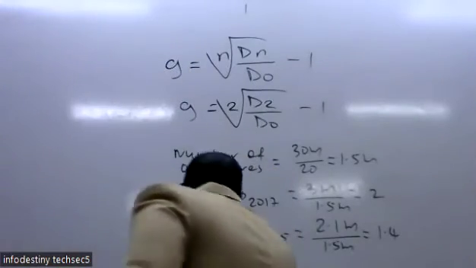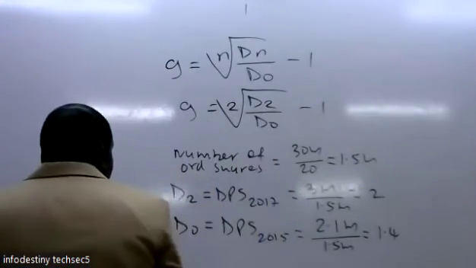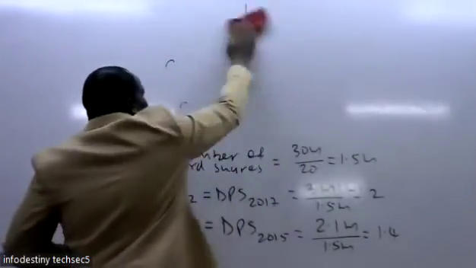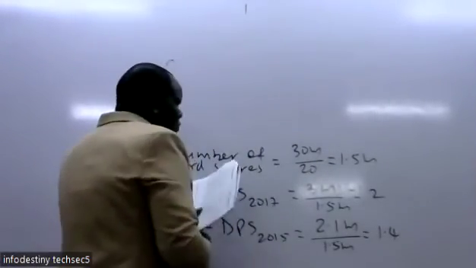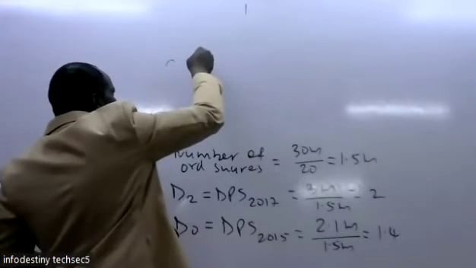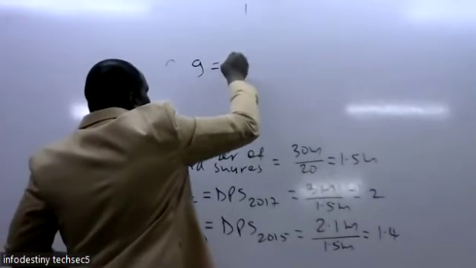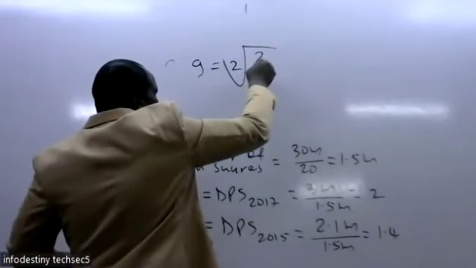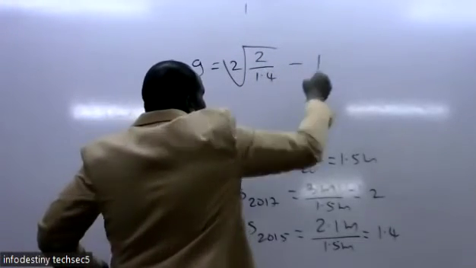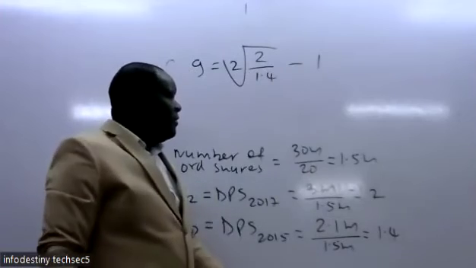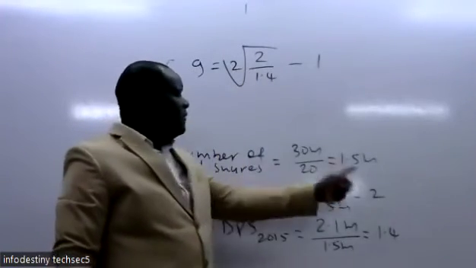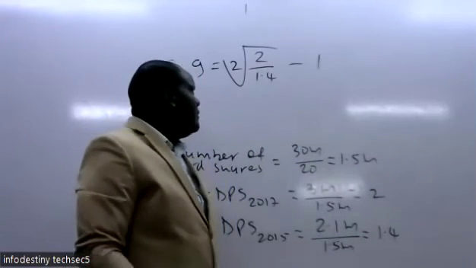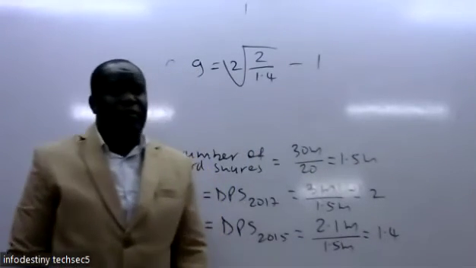So after that, now we go back to our equation. We now compute our G. So G should now be equal to 2 divided by 1.4. Our dividend per share in the year 2017 is 2, and our dividend per share in the year 2015 is 1.4. So now N is also 2.